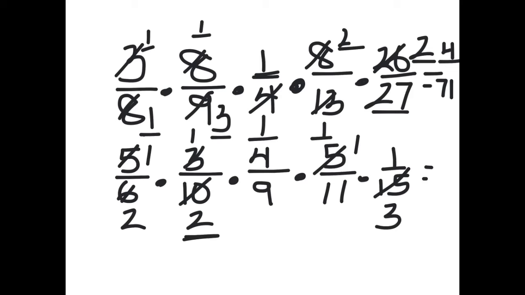Oh, I have this 2 right here and this 4 right here that I can cancel down. 4 divided by 2 is 2. And 2 divided by 2 is 1. And some of you may be looking now saying, oh, wait a minute, Mr. Kazel, you have a 2 and a 2, and yes, you can go ahead and cross cancel those down to 1 and 1.